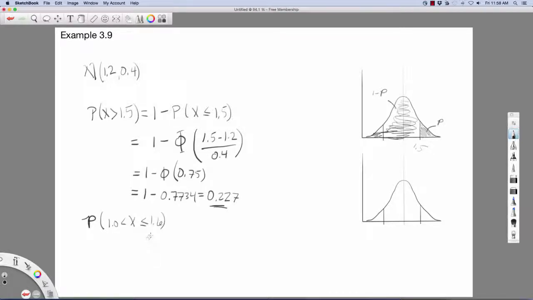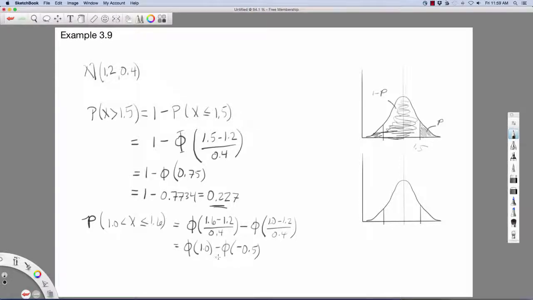We saw this in the lecture notes, where this is the CDF function of the transformed variable: we take the value 1.6, subtract off the mean, 1.2, divide by the standard deviation, 0.4, minus the CDF function of 1.0 minus 1.2 divided by 0.4, which is the CDF function of 1 minus the CDF function of minus 0.5.